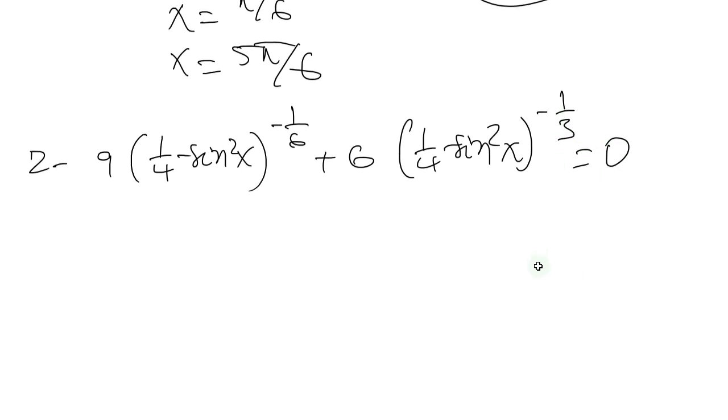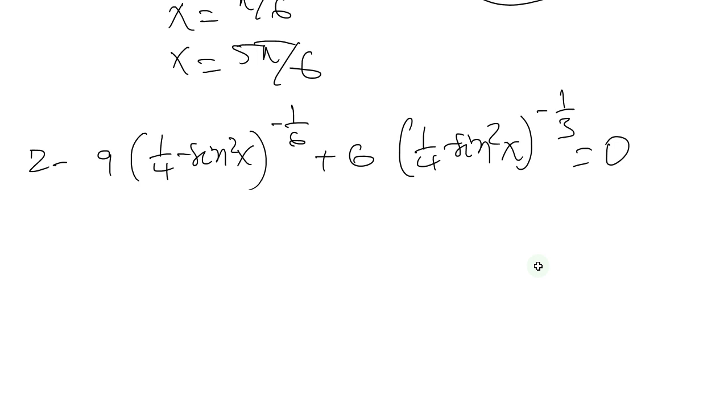So guys, what I'm going to do here is multiply this equation by (1 over 4 minus sine square of x) to the power of 1 over 3.